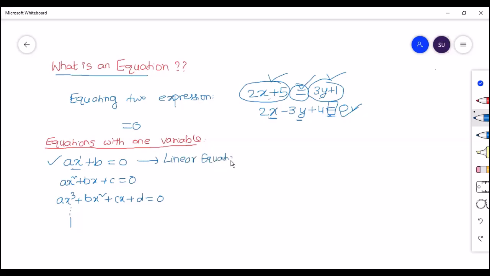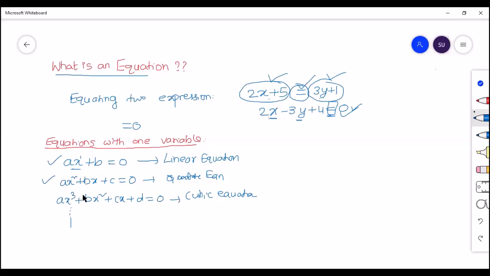In the second one, this is the general form of a quadratic equation, since we have x square. Right. This is a cubic equation. The degree of this equation is third degree, so it is a cubic equation.